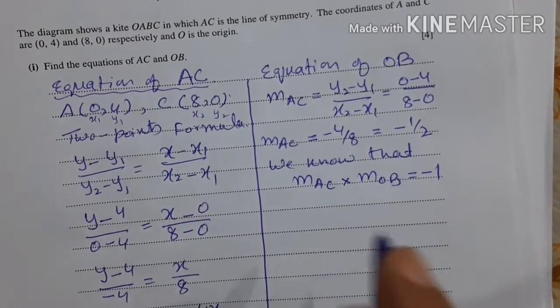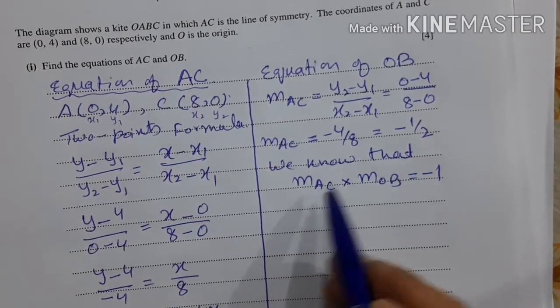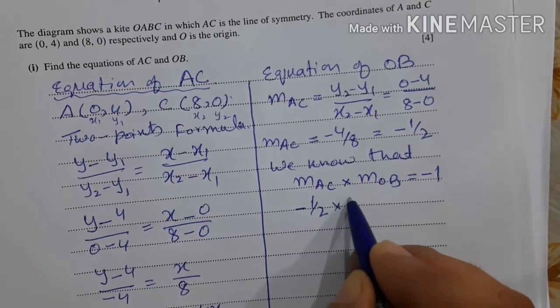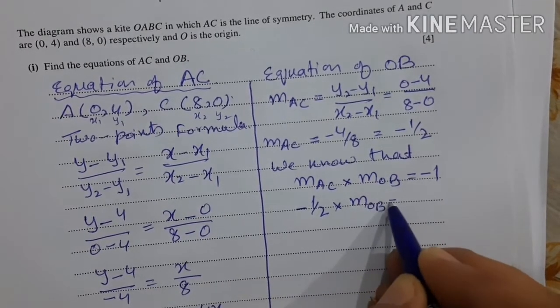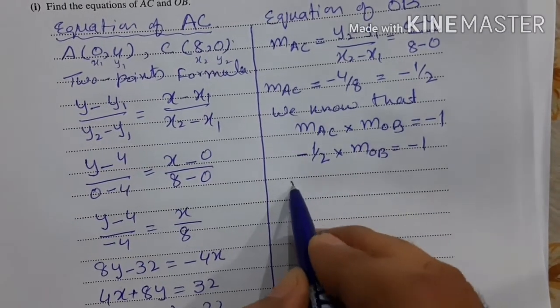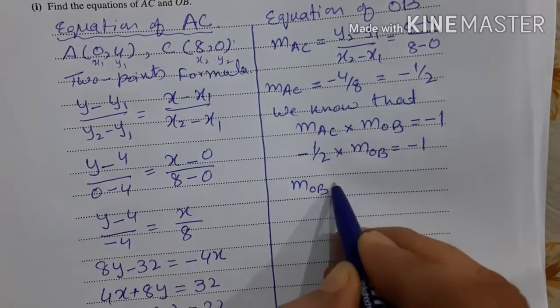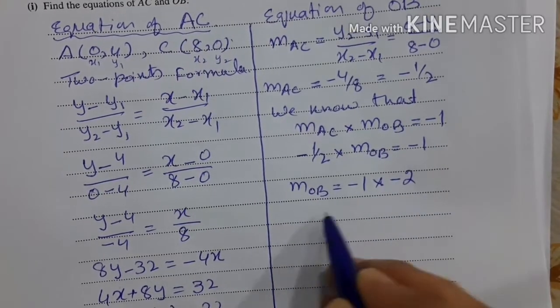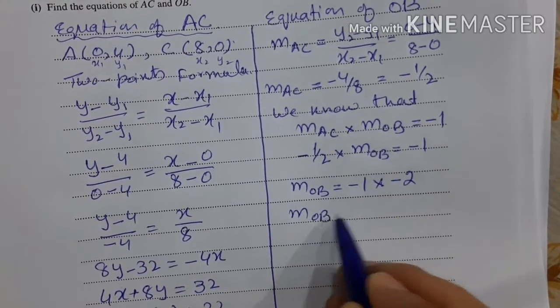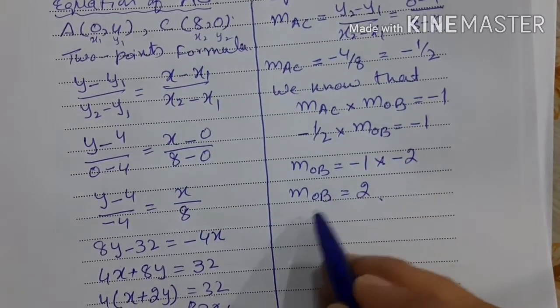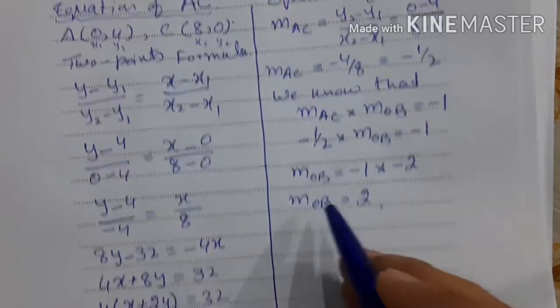Put the value of gradient of AC: minus 1 by 2 into gradient of OB is equal to minus 1. Take minus 1 by 2 to the other side, so gradient of OB is equal to minus 1 into minus 2, and gradient of OB is 2.